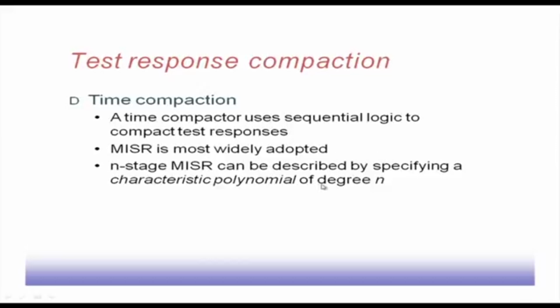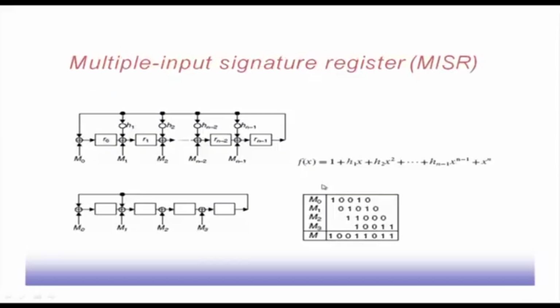This we have already seen in the base chapter. If this is one multiple input signature register, we have got R0, R1 up to Rn minus 1. This is represented by the characteristic polynomial 1 plus h1 x plus h2 x square, up to hn minus 1 x to the power n minus 1, plus x to the power n. Depending upon the values of these h's, this characteristic polynomial is getting defined.